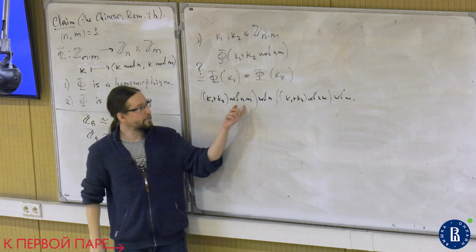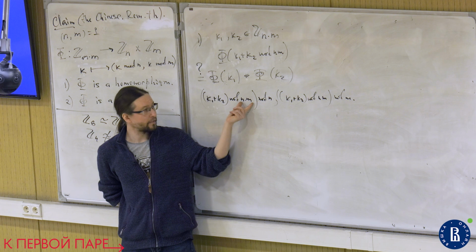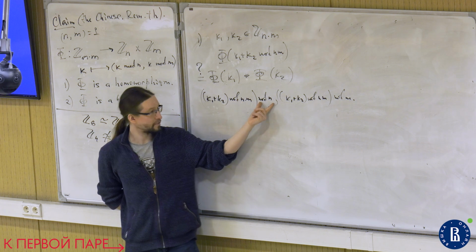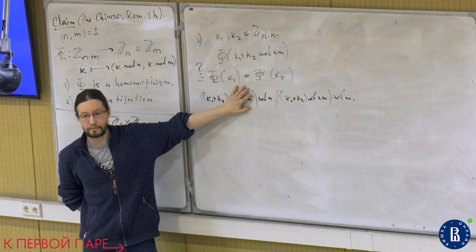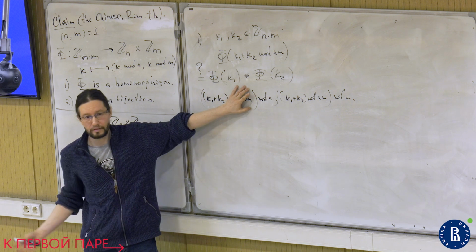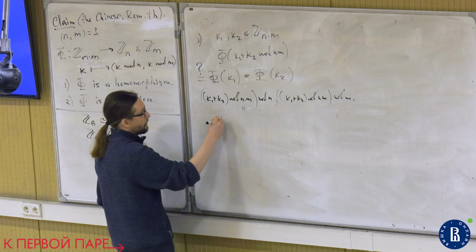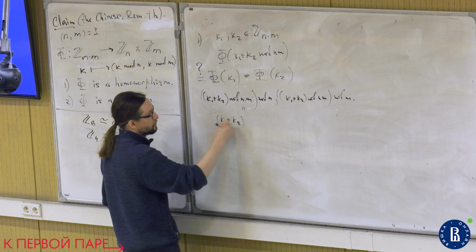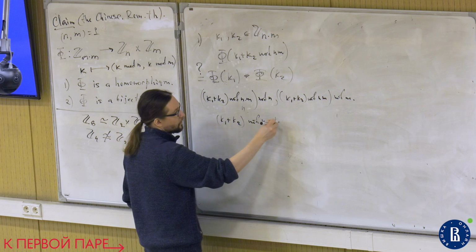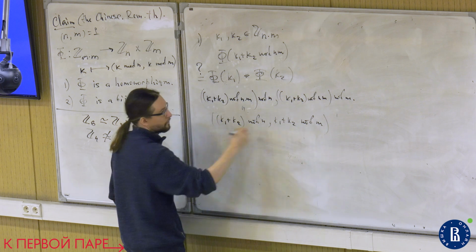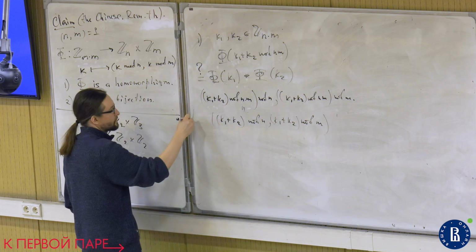But if you take a remainder with respect to nm, and then a remainder with respect to n, this is the same as taking the remainder with respect to the smaller one. There will be no difference. So this is the same as (k1 plus k2 modulo n, k1 plus k2 modulo m). So this is the left-hand side.